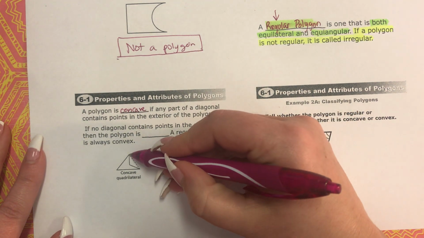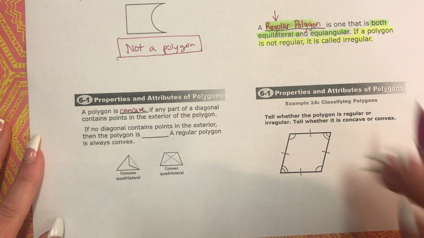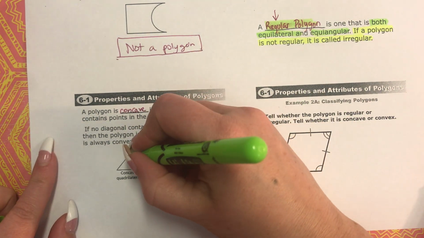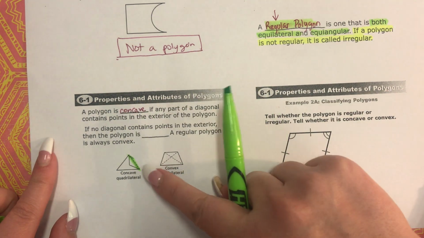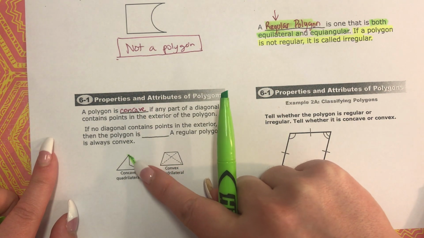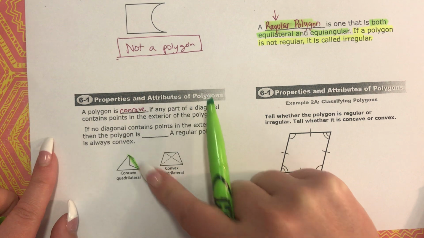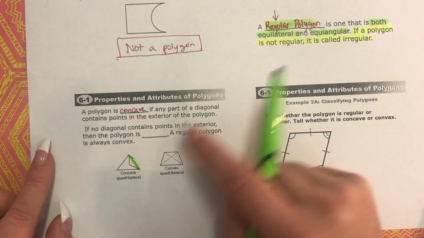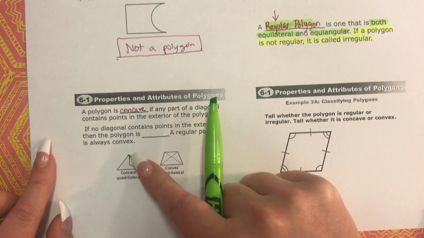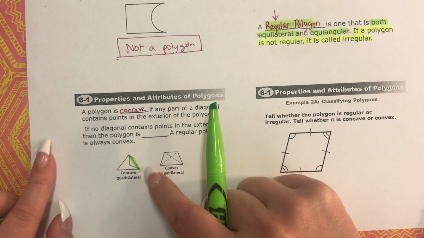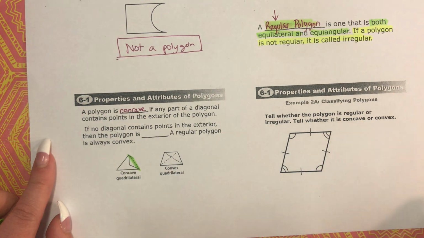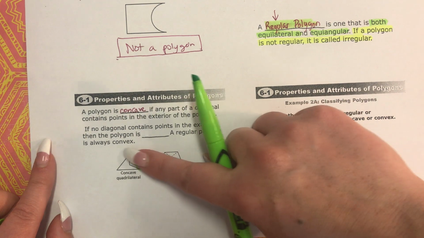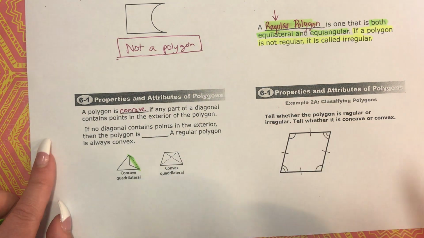These two vertices are not consecutive, so they could form a diagonal. When we put in that diagonal, it is on the exterior of the figure and not on the interior. When that happens, it's called concave. The way I like to think of it is that the figure is sunken in a bit.